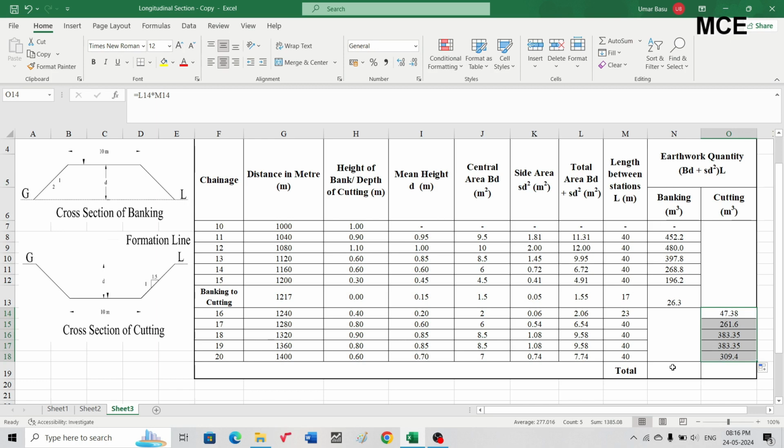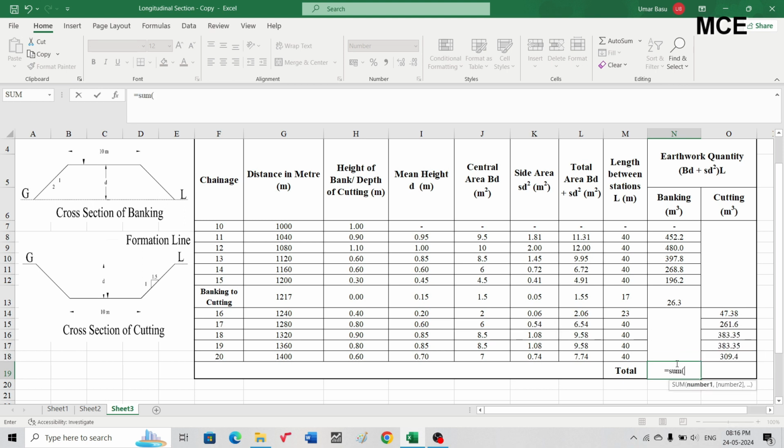Then take the sum of these readings. For the quantity of earthwork in banking, write equal sign, then write SUM, then bracket, then select these values from 452.2 till 26.3, close the bracket and press enter and you will get the quantity of earthwork in banking.